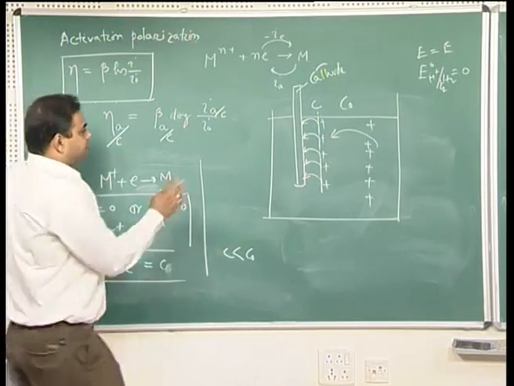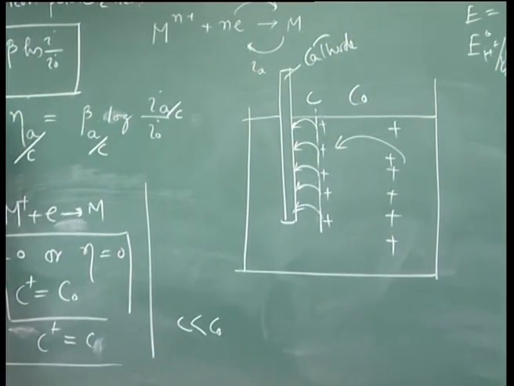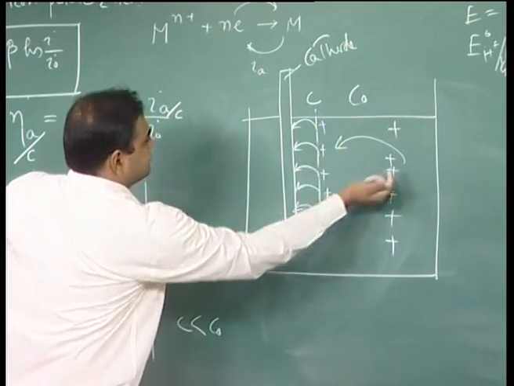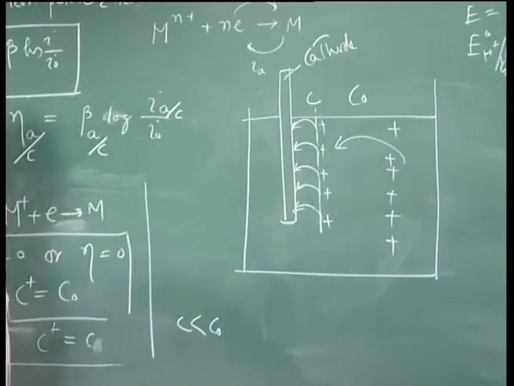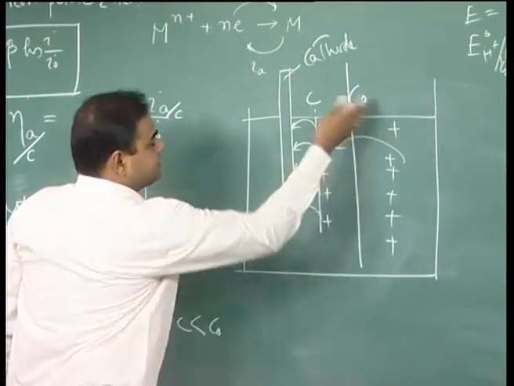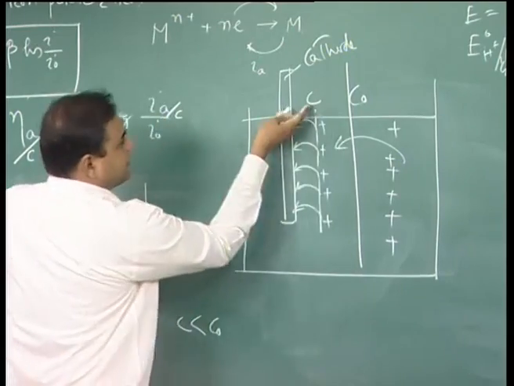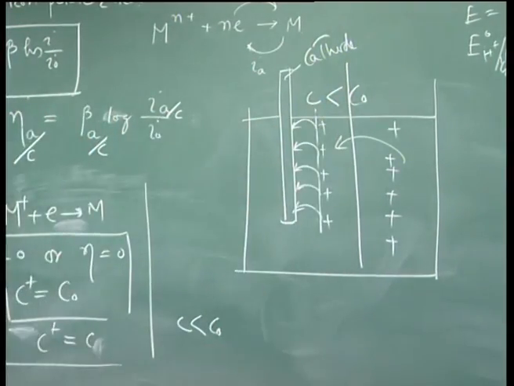That means the rate at which the metal charge is depositing is higher than the rate at which the metal ion is diffusing from the bulk to this surface. So the bulk concentration is still maintaining C0, but at the interface we have the concentration C, and this is less than C0.